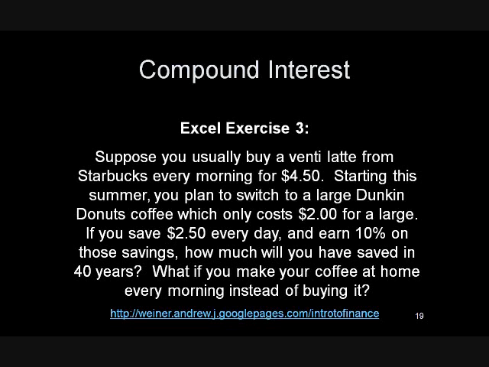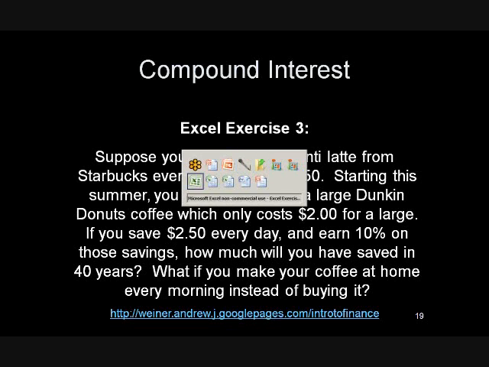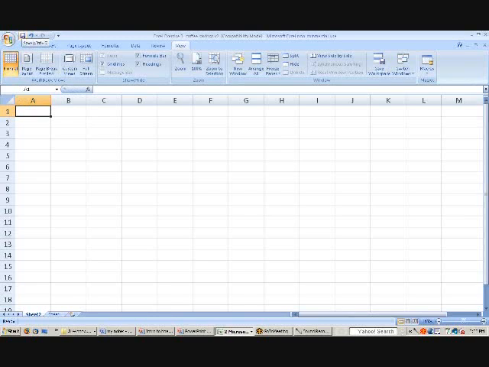So here's how we're going to do it. Go to Microsoft Excel, and the first thing we need to do is type out all of the inputs to the spreadsheet.